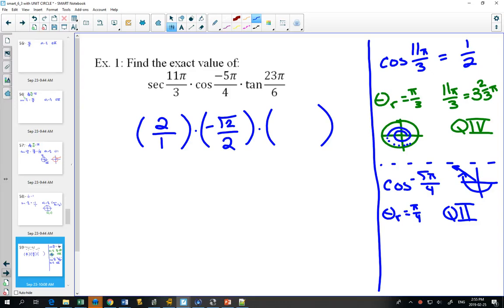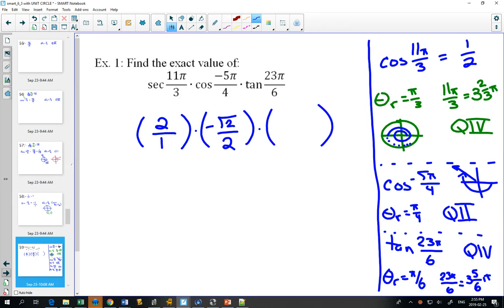Third one, tan of 23 pi over 6. My reference angle is pi over 6. 23 pi over 6 is the same as 3 5/6 pi. What quadrant is that going to be?